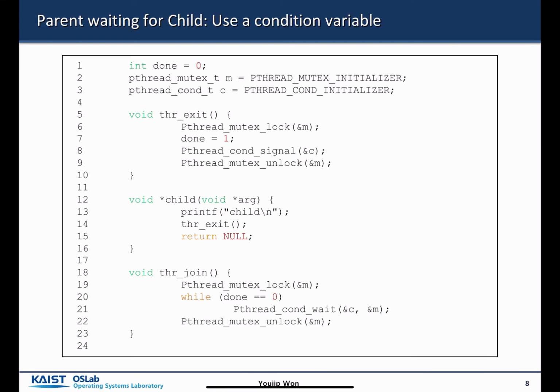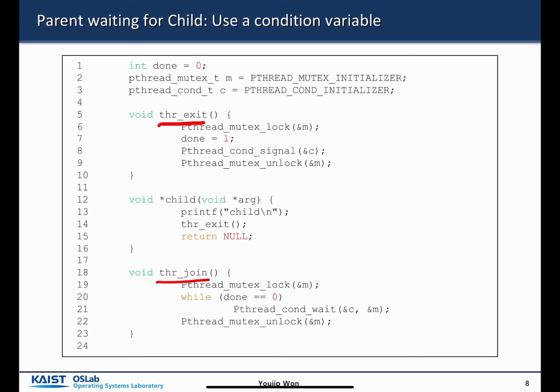Let me explain the actual code. In this code, a parent is waiting for the child to finish, and we implement it using a condition variable. There are three functions. The first one is thread exit, the second one is child, and the third one is thread join. Thread exit is called by the child when it finishes execution and wants to allow the parent to proceed.